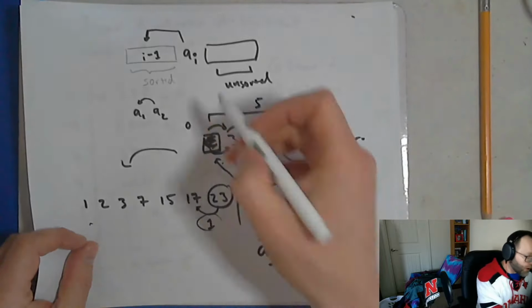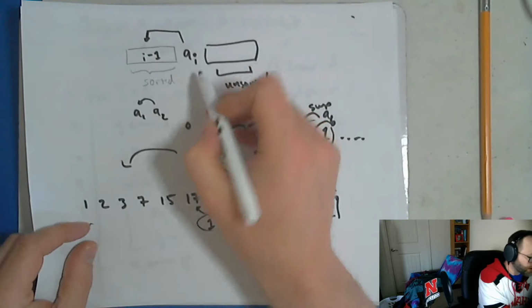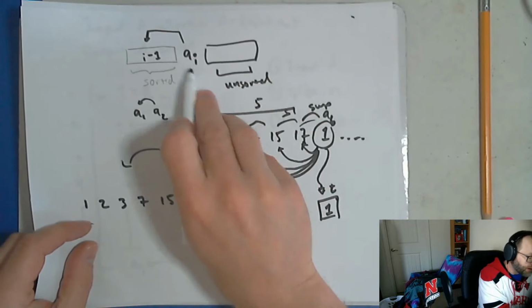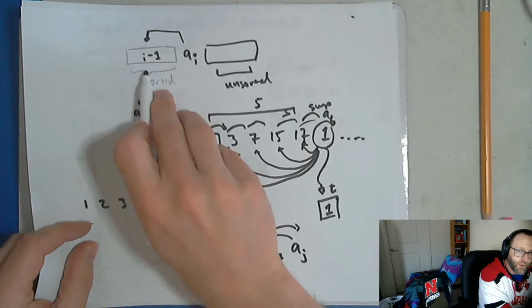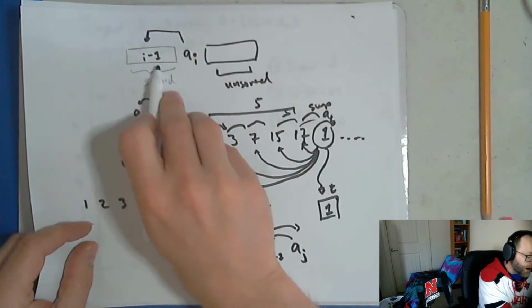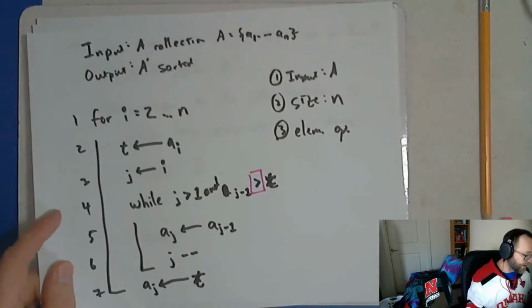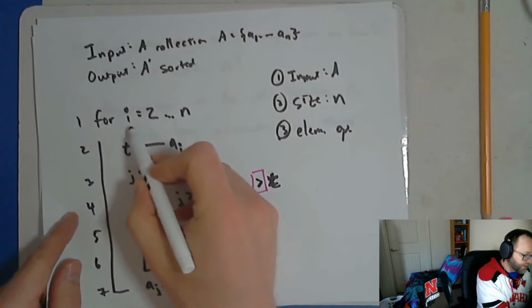Let's go back all the way to make this a little bit more general, a little bit more abstract. If we're going to sort the ith element, how many elements are before it in order to compare? If we have to compare to all of them, we make i minus 1 comparisons. Now, i here is the element that we're trying to sort.